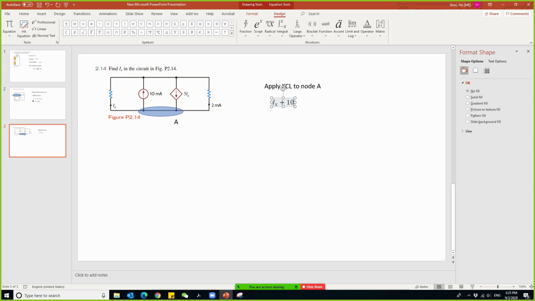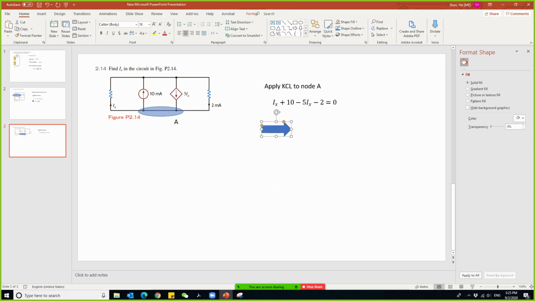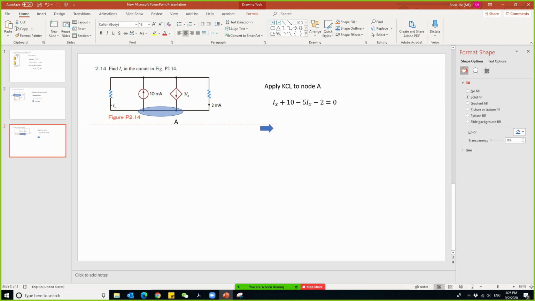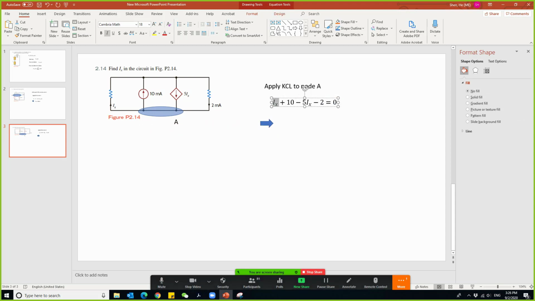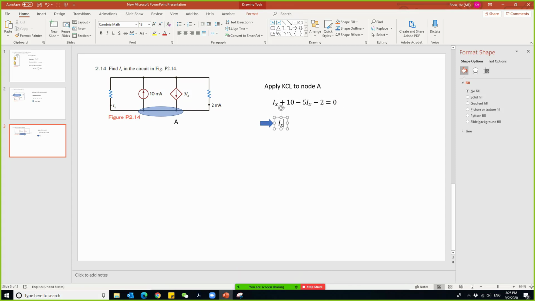And over here is a minus 5 Ix, and this is a minus 2. That is equal to 0. And then we will be able to solve for Ix. So we have 4Ix equal to 8, so Ix is equal to 2 milliamps.